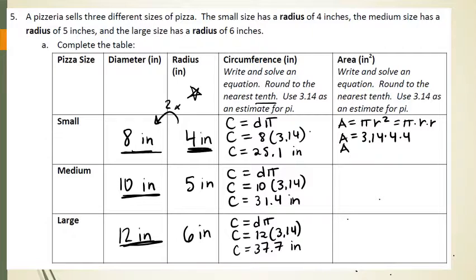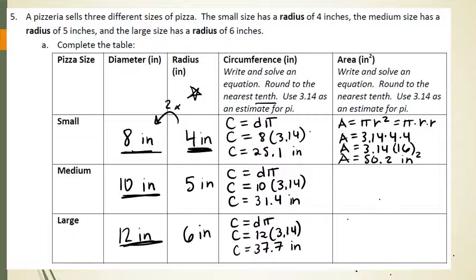Or you can think of it as area is 3.14 times 16, since 4 times 4 is 16. I'm going to use some parentheses here to make this a little clearer. So 3.14 times 16 would be, this area is 50 2/10 inches squared because it's area.